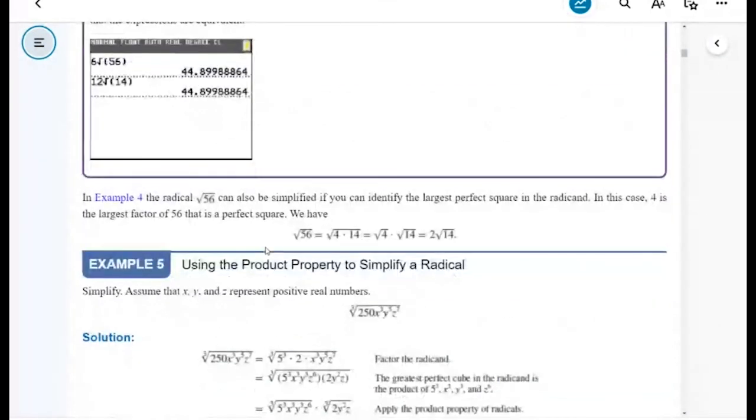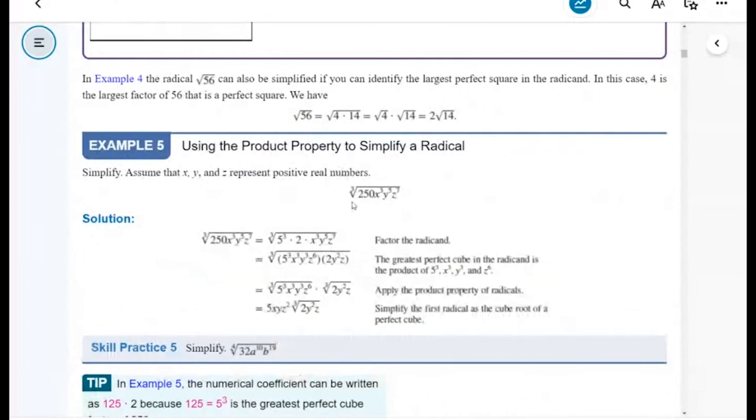Then we'll be doing things with numbers and variables. It does get more complicated, but understanding why things cancel out and how we're dividing the exponents is important. That's where we're heading.